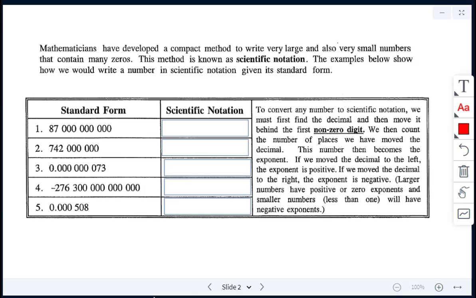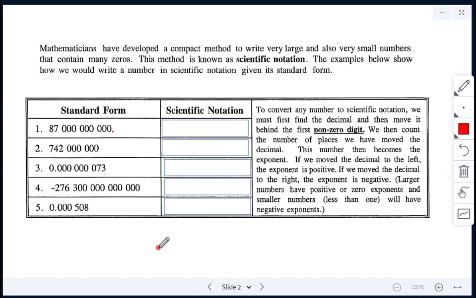So here in our first example, we have this really large number, and the decimal place for it would be right at the end of the number. There's no other decimal place shown. It's a whole number, so our decimal place is there. To convert it to scientific notation, we want to move the decimal place behind the first non-zero digit.